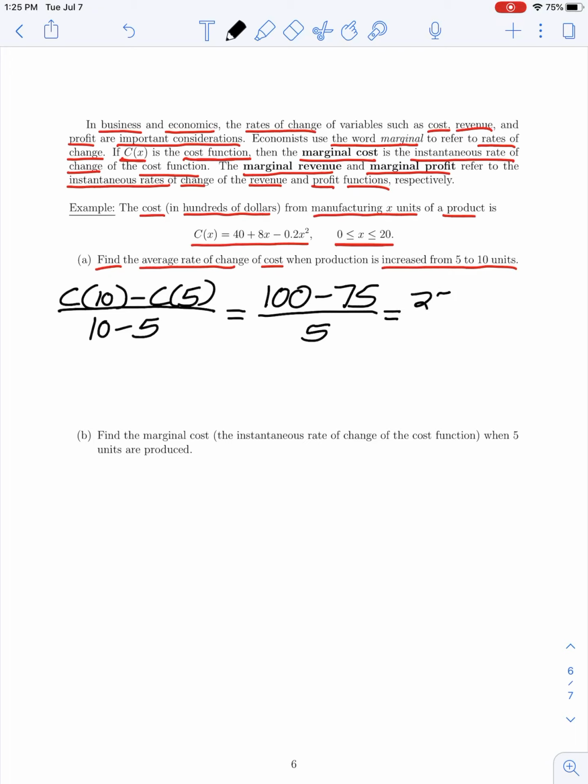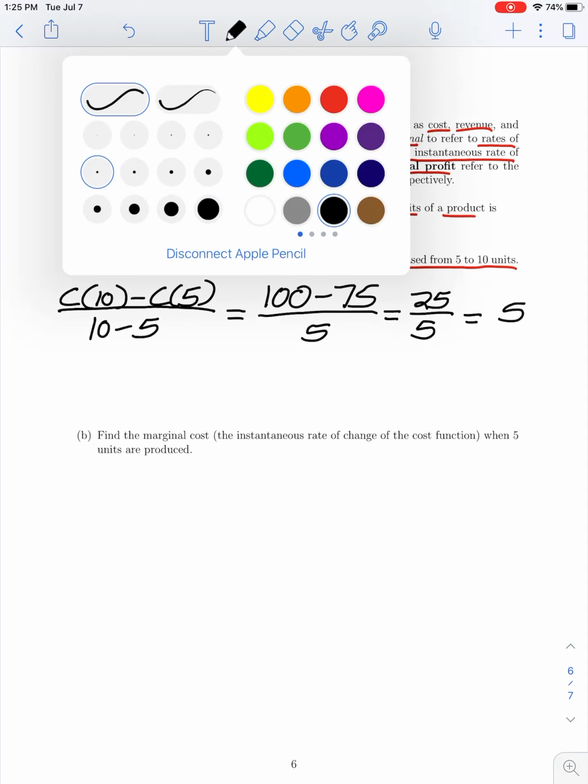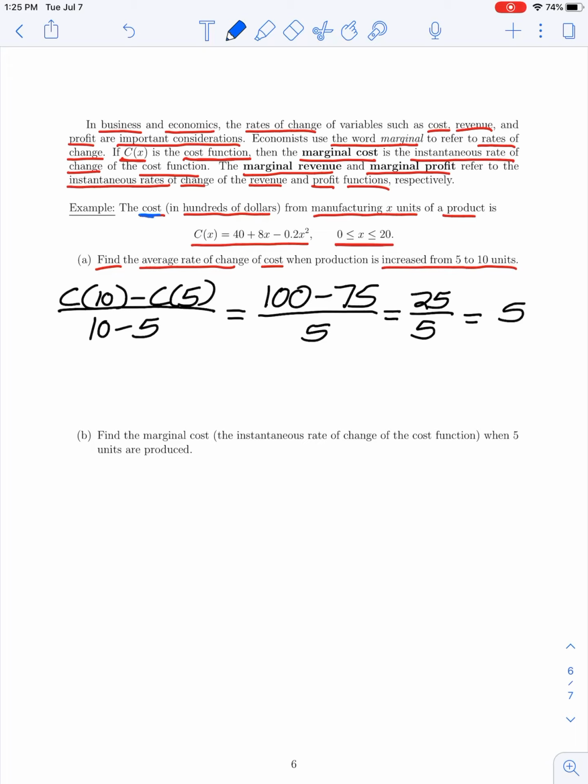So here we are left with 25 over 5, or 5. What that means is if we increase production from 5 units to 10 units, our average change in the cost will be 5, but remember here cost is being measured in hundreds of dollars. So we would see an increase in our cost averaging $500.